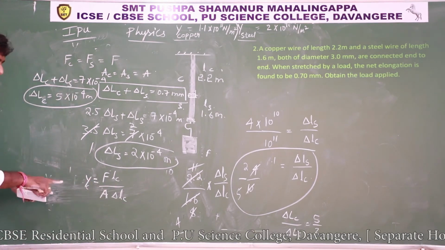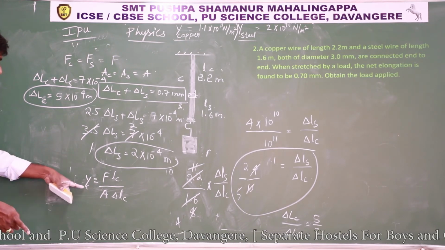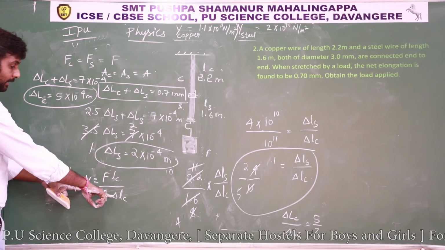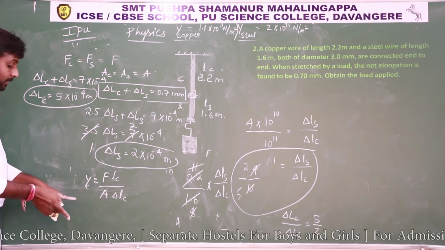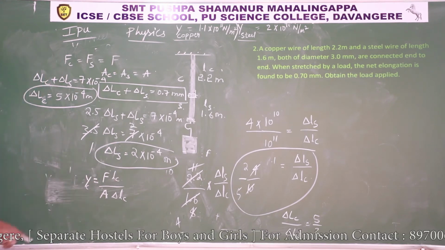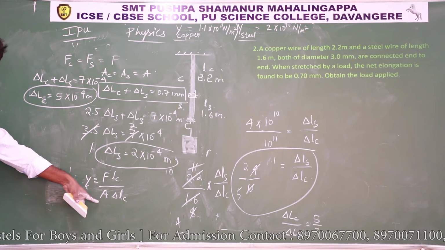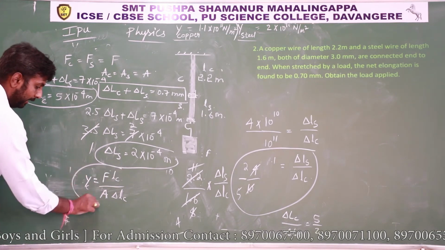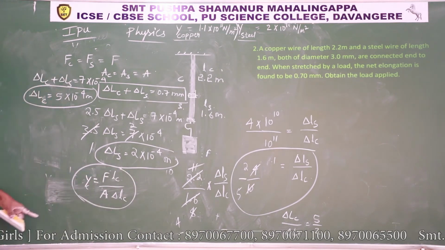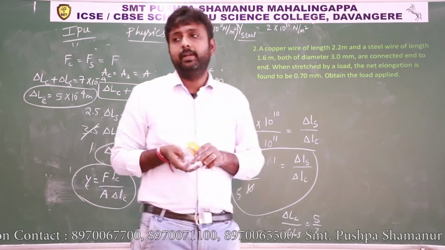You can take the formula of copper or the formula of steel. If you take the formula of copper, you have to substitute the delta LC value. If you take steel, you have to place the delta LS value. Then you can find the F value. Still we need to find the area in this formula. We have arrived at the last step. Still we need to find the area of this wire.